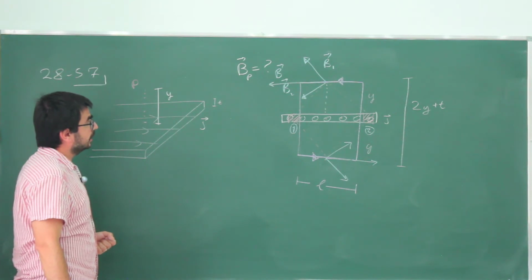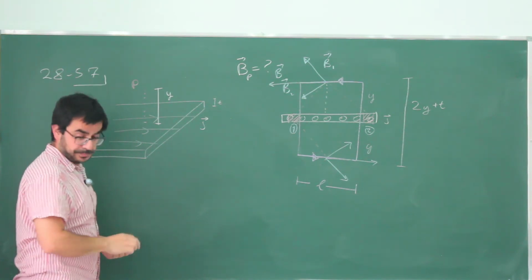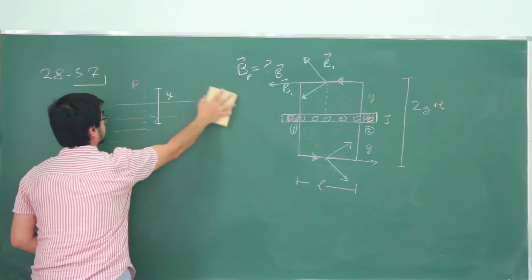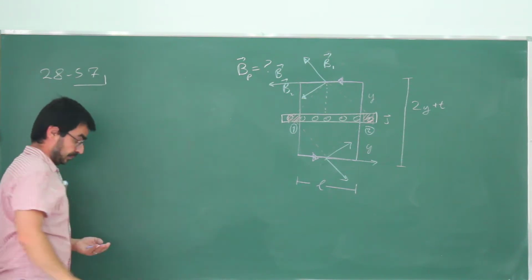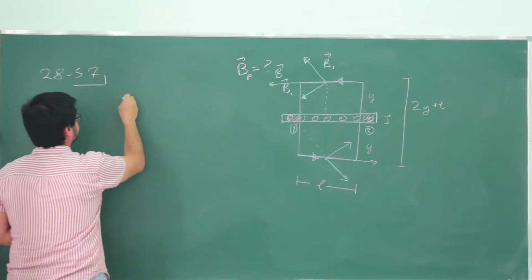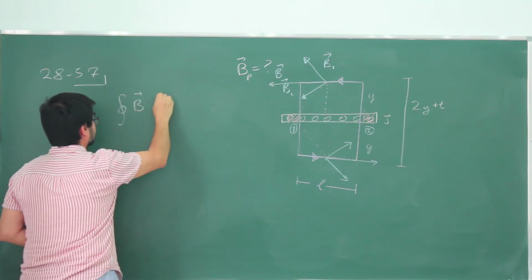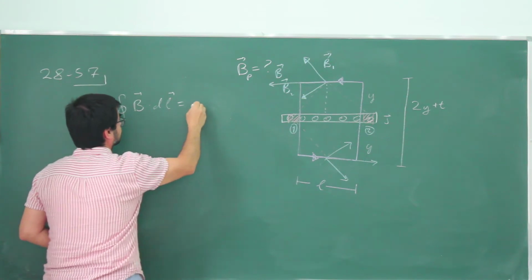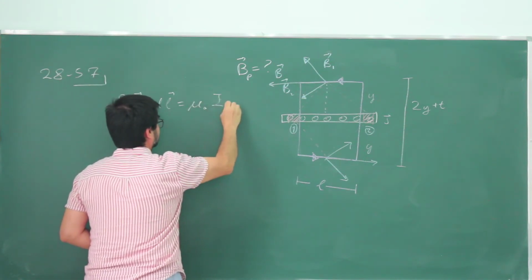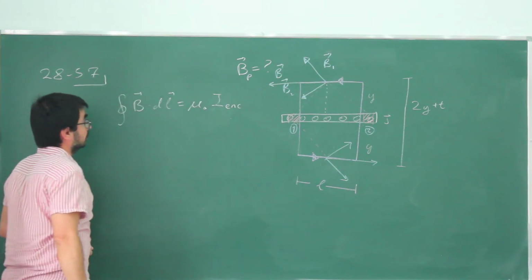So what I need is applying Ampere's law to this system. I can now get rid of this; I no longer need it. Ampere's law tells me that the integral of B dot dl is just going to be mu naught times the current enclosed.